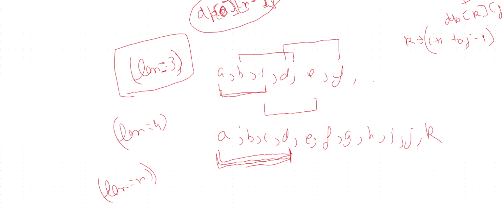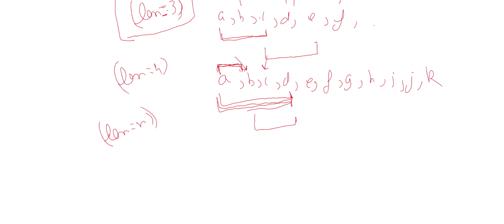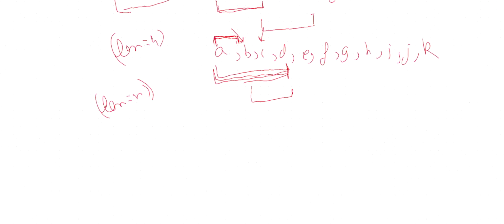Because my K will go from B to C. And if my K is here, then I know that I have to calculate the score for this polygon and then this polygon. So for length 2, the answer is 0. There's no second option for this. And for 3, we have already calculated.